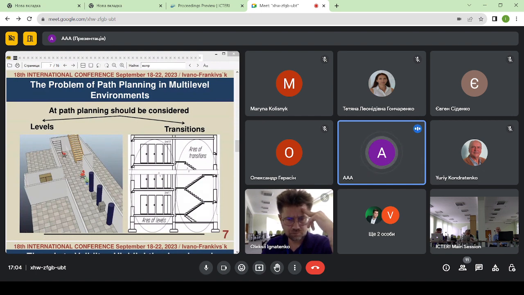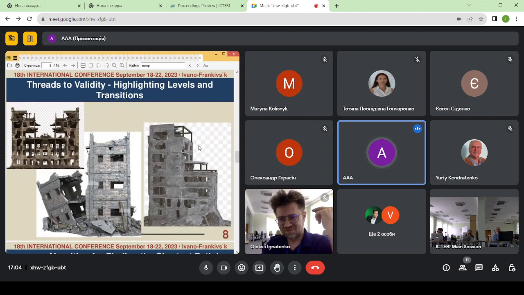Path planning should consider levels and transitions. The robot's trajectory may depend on the varying degrees of destruction of the building.